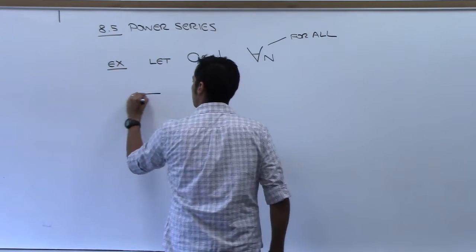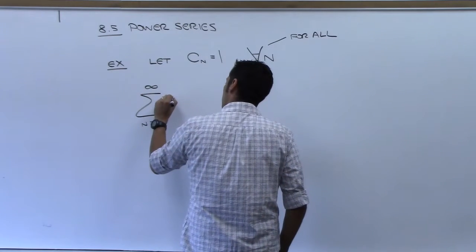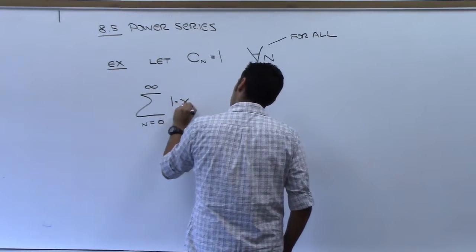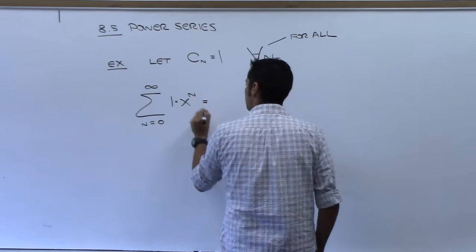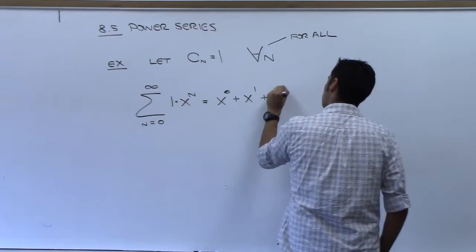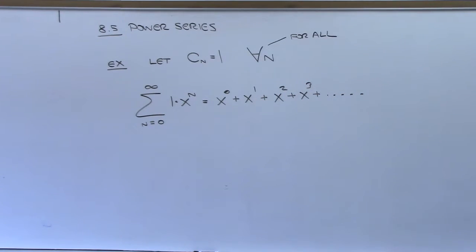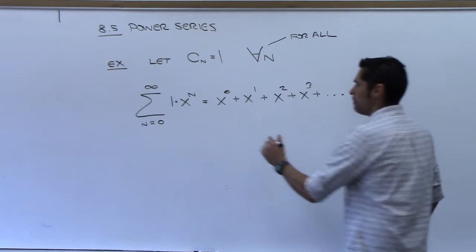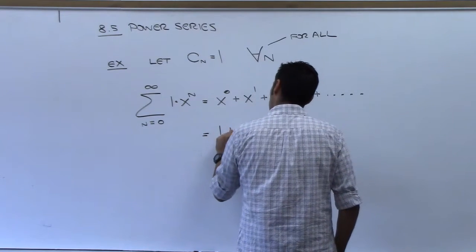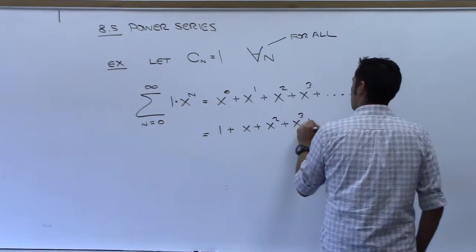We're looking at the sum from n equals 0 to infinity of 1 times x to the n, which is x to the 0 plus x to the 1 plus x to the 2, and so on and so forth, forever and ever. Which is really 1 plus x plus x squared plus x cubed plus forever.